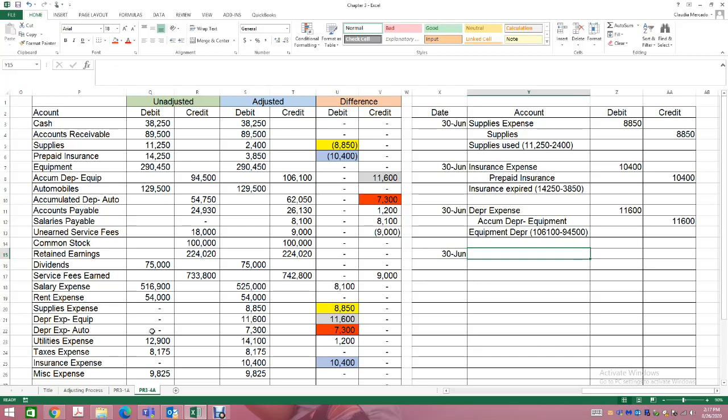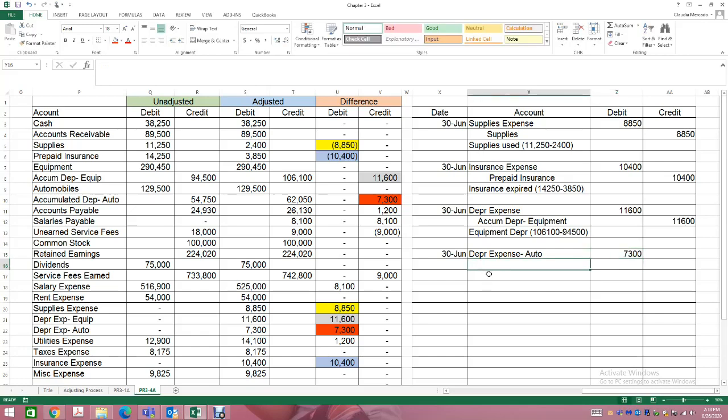Depreciation expense auto went from 0 to 7,300, so that increased 7,300. So I'm going to show that increase to depreciation expense auto by debiting the account for the $7,300.